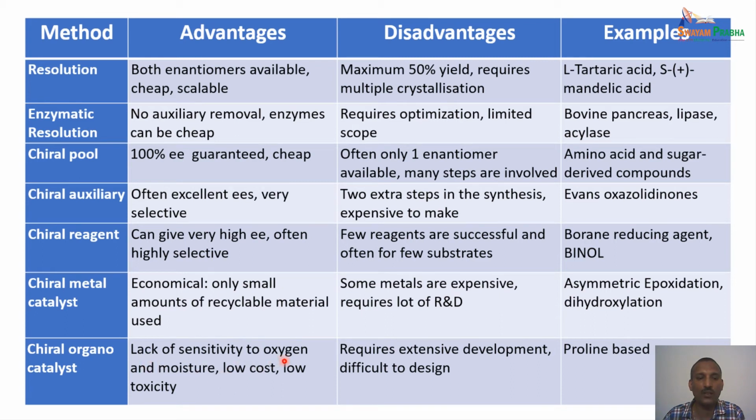They are not sensitive to oxygen and moisture, and they are also very cheap, and they don't have much of the toxicity seen in many of the metal catalysts. But the major disadvantage is that it requires extensive development, and it is very difficult to design. Most of the organocatalysts are basically proline based. So with that we have compared all the different asymmetric synthesis methods.